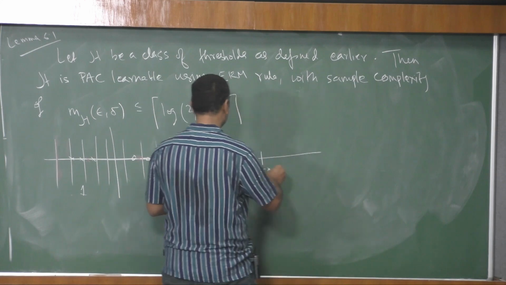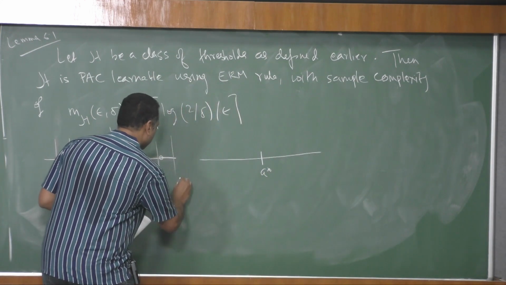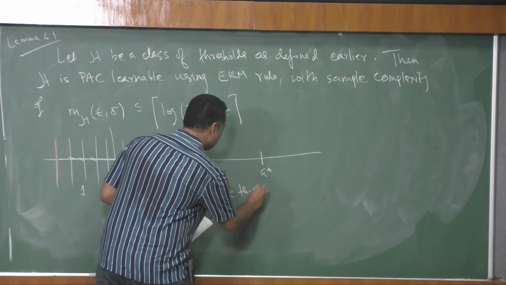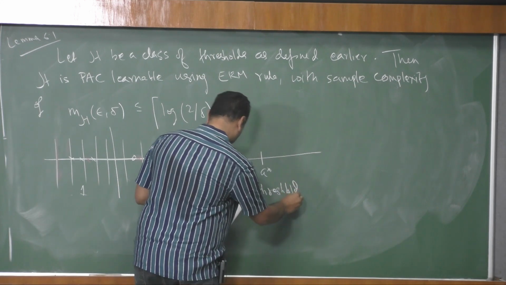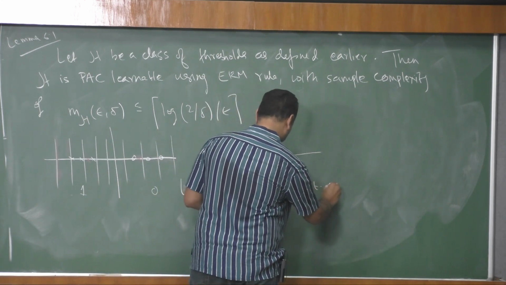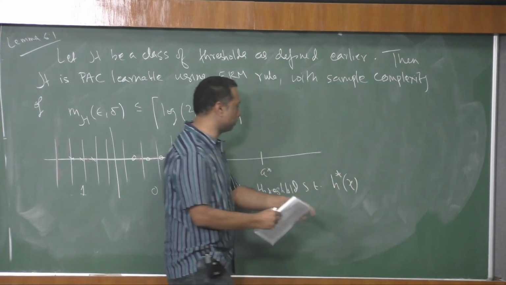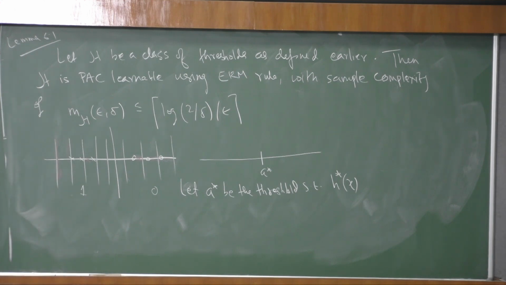So here A star is the threshold. Let A star be the threshold such that the hypothesis H star, which is my optimal. Obviously A star defines the optimal H also, because this is the threshold function.